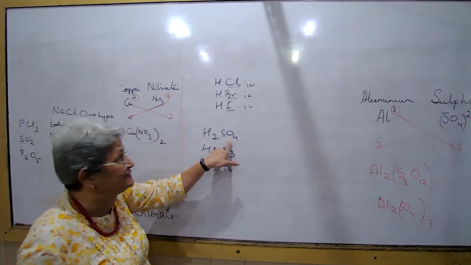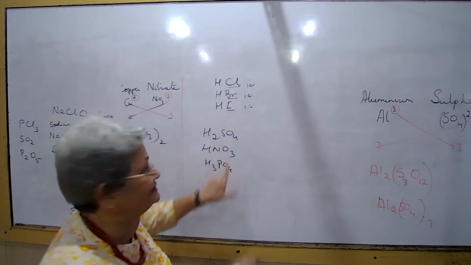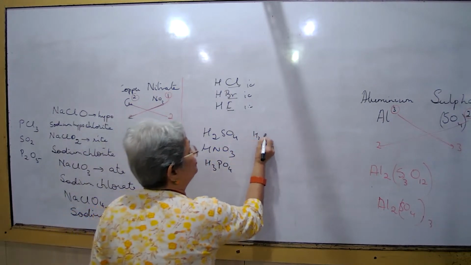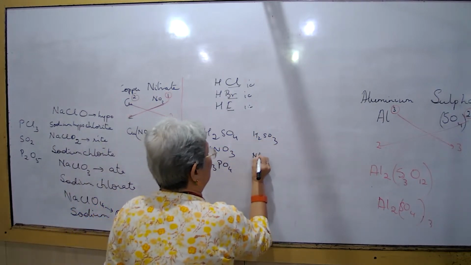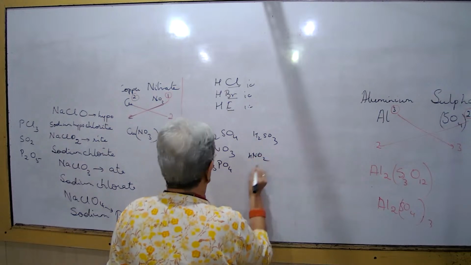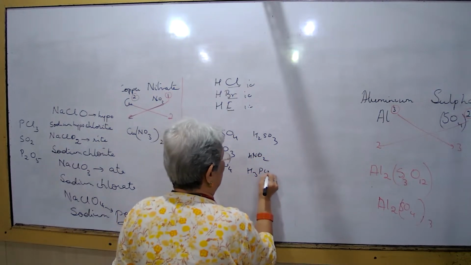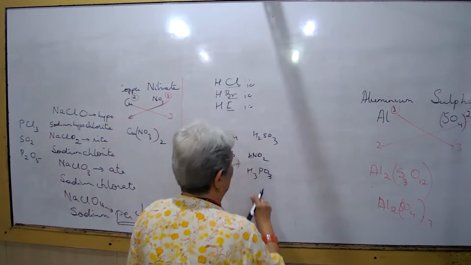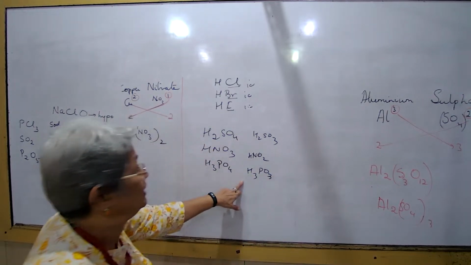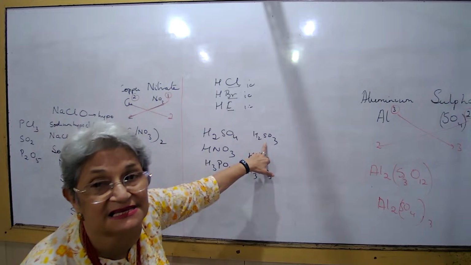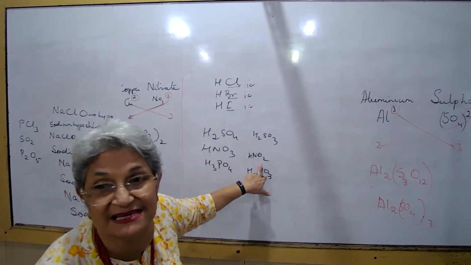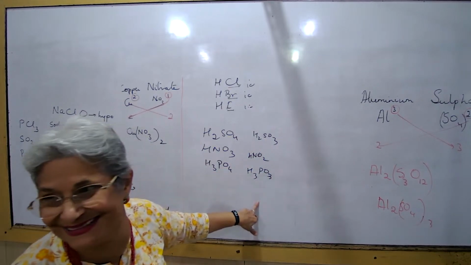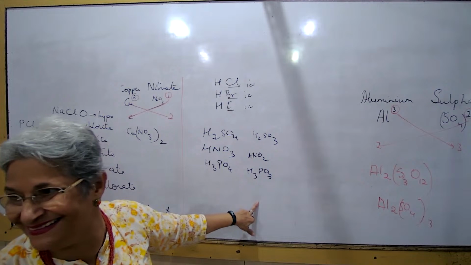If this is less than 4, if it is 3, suppose it is H2SO3 or HNO2 or H3PO3, what will it become now? It will be sulfurous, nitrous, phosphorous.